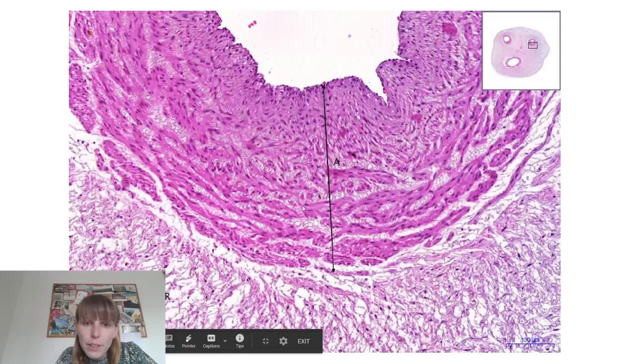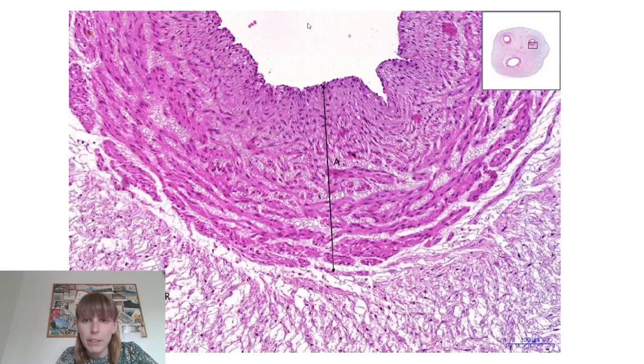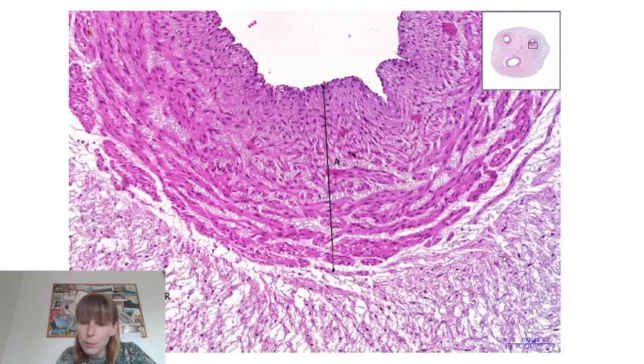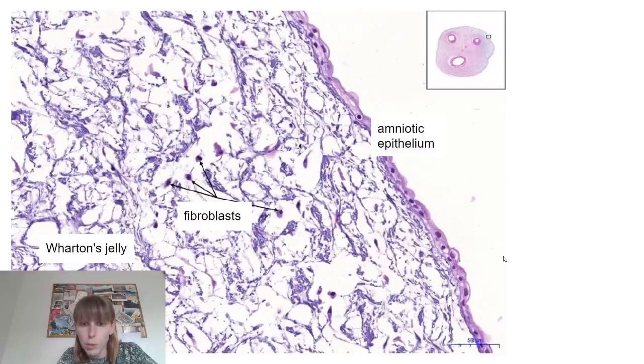So all of this is smooth muscle, some connective tissue, and this would be the lumen of the umbilical artery, lined with a simple squamous endothelium, some red blood cells hanging in here. So this is the wall of the artery, and everything that you see around here will be the Wharton's jelly. So it's much looser and it contains spindle-shaped cells, which are the fibroblasts.